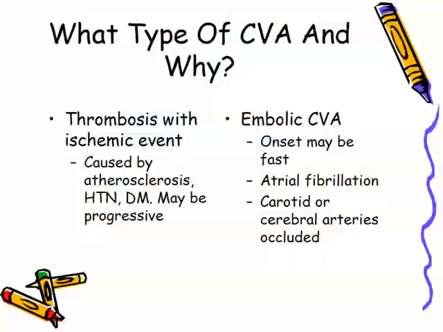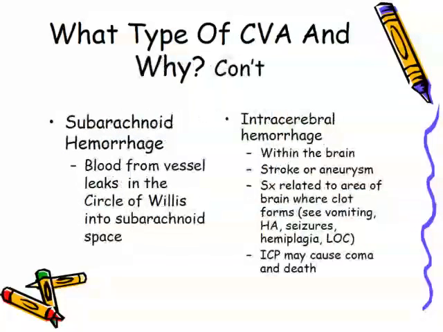One common cause is a patient that is in atrial fibrillation and then throws a clot from the heart, which travels up to the brain. Or it could be that the patient has the carotid or cerebral arteries that become occluded from a traveling clot. So this constitutes about 15% of all strokes that we see with patients.